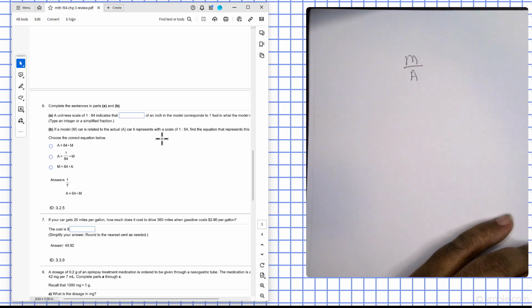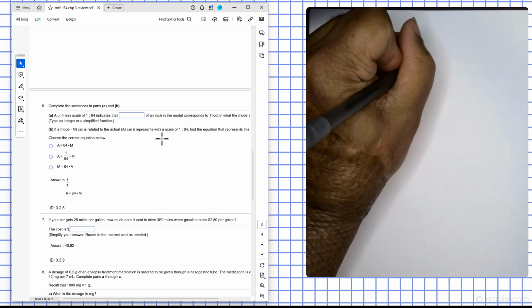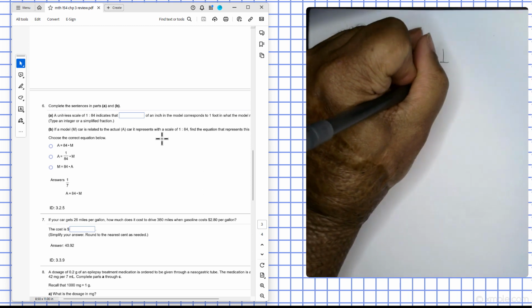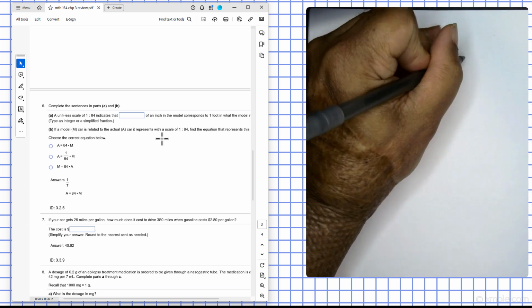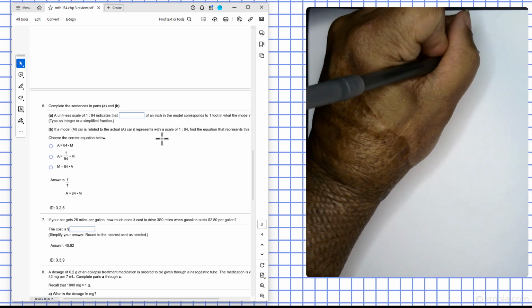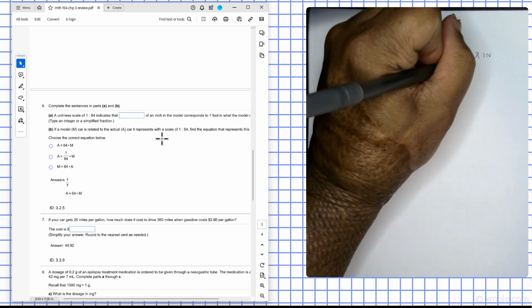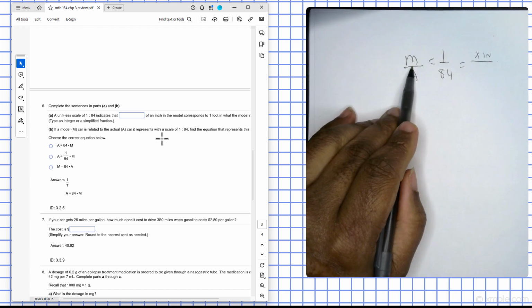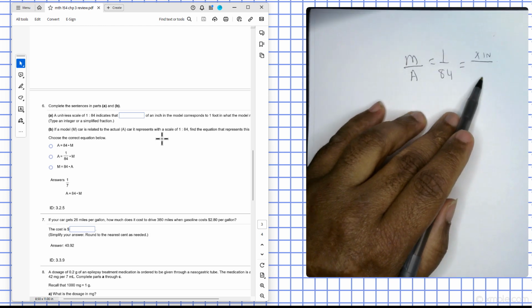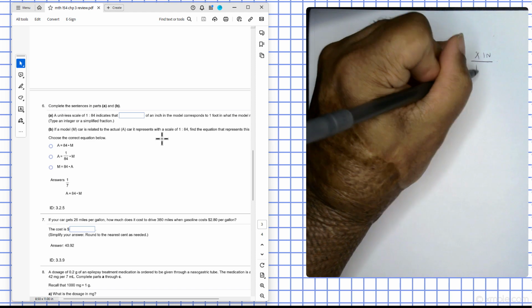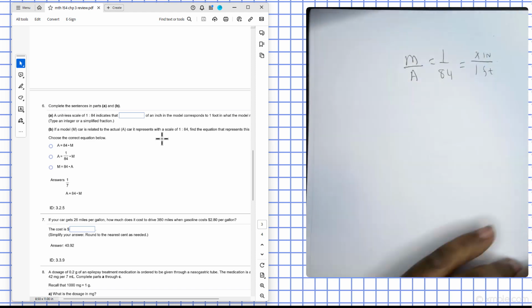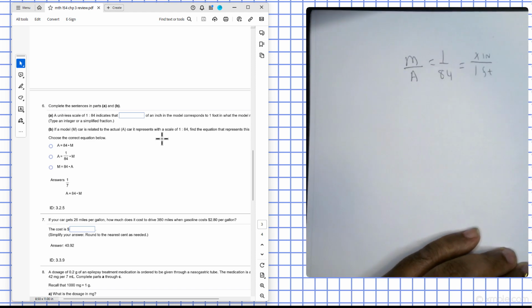Okay, a scale of 1 to 84 indicates that x of an inch in the model corresponds to 1 foot in what the model represents.